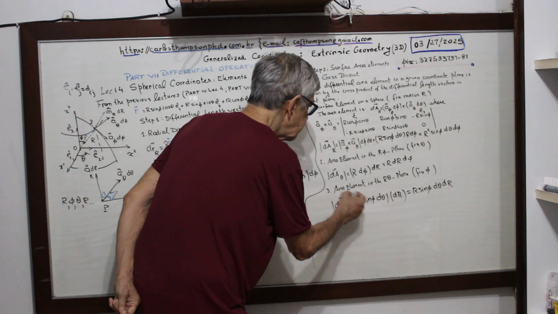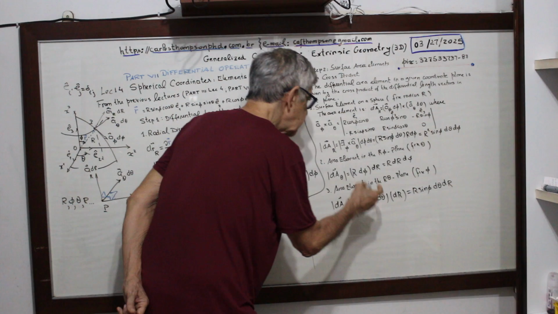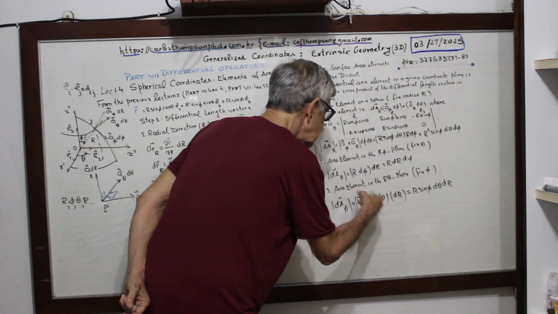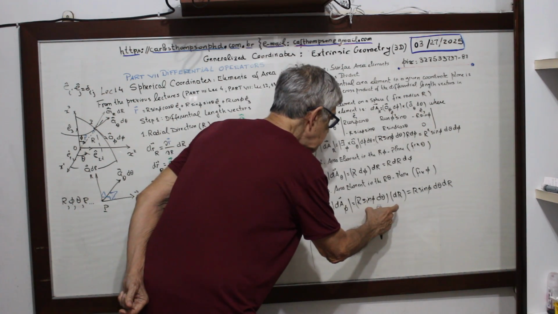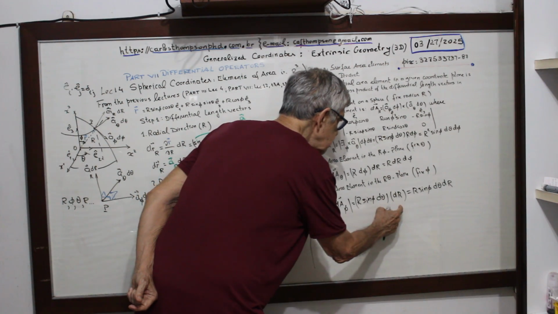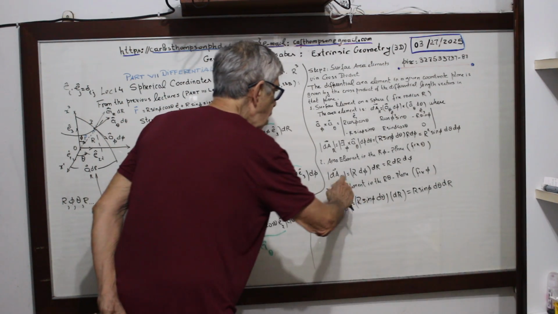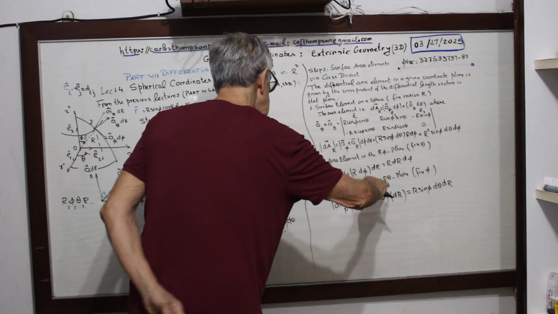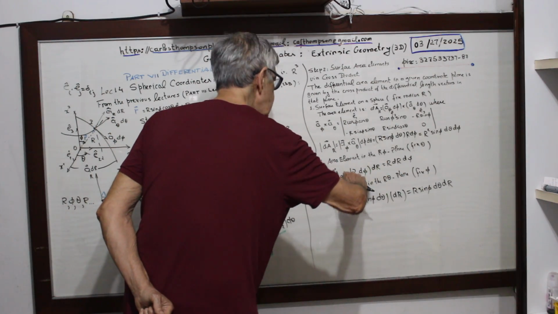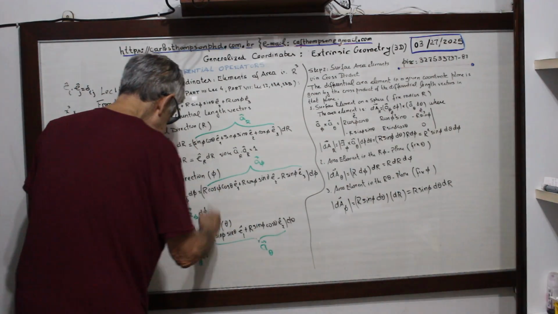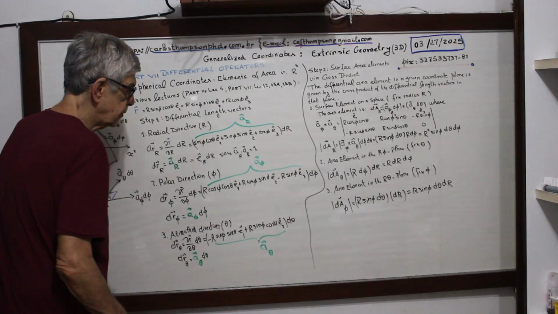You just take this element over here, the cross product, and multiply. This times this is equal to this. All these expressions for the length elements are over here in step 1.